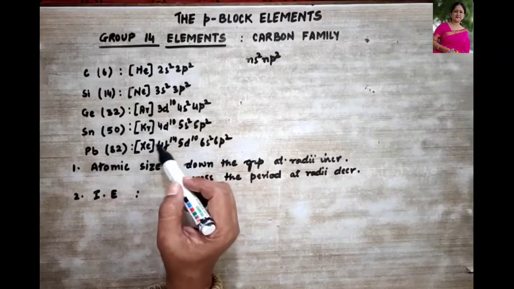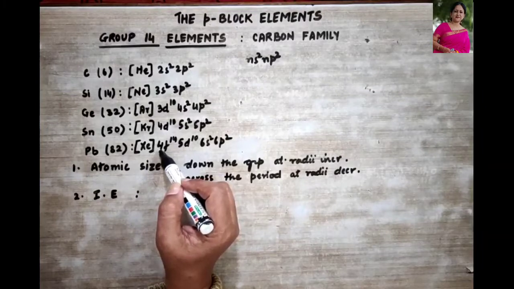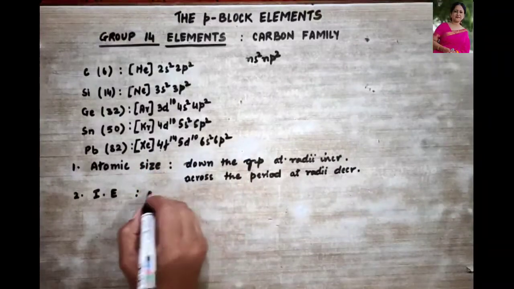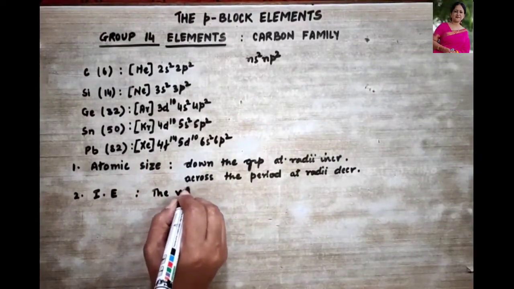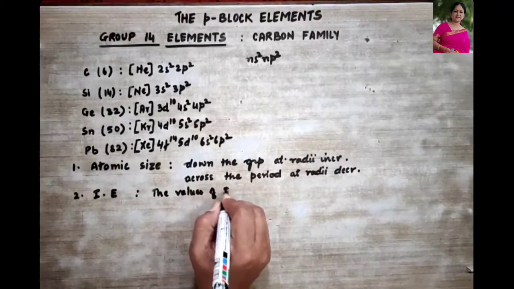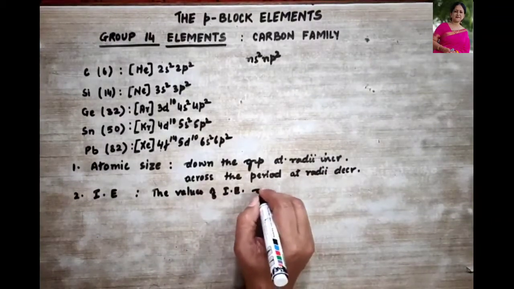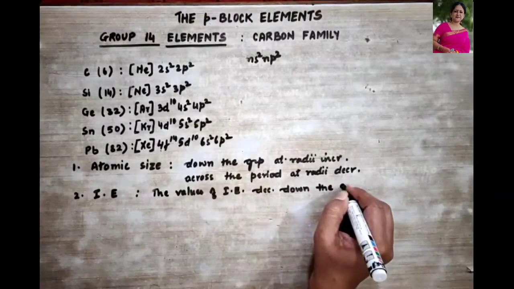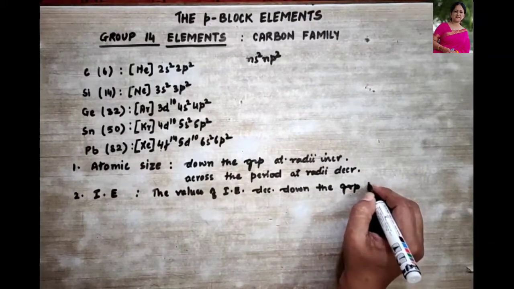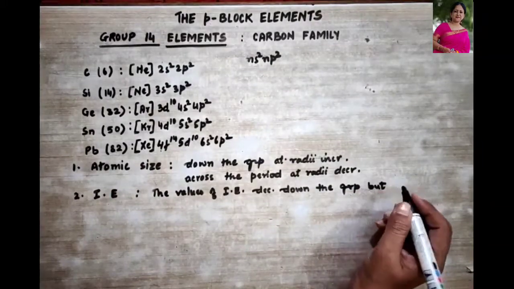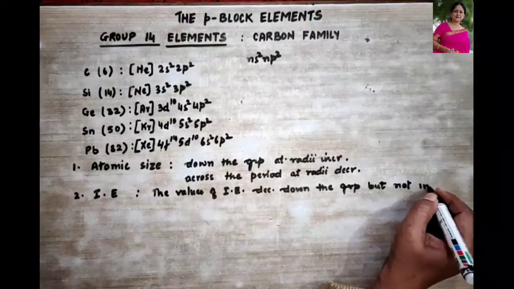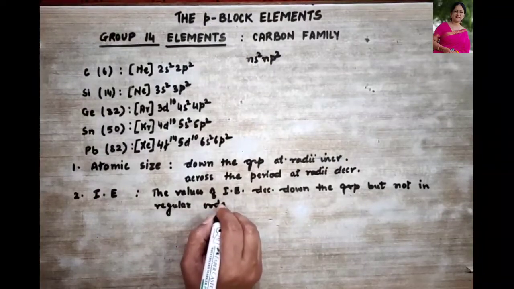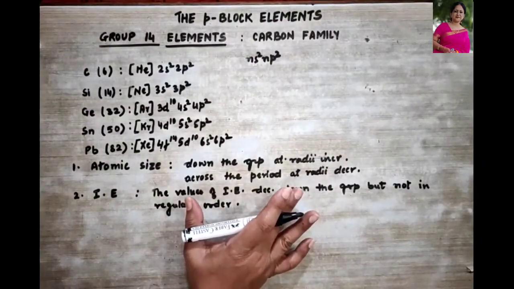Why so? Because of the imperfect shielding of the intervening f orbital. Followed? So what are we going to study over here? That the values of ionization enthalpy decrease down the group, but not in regular order. I hope this point is clear.